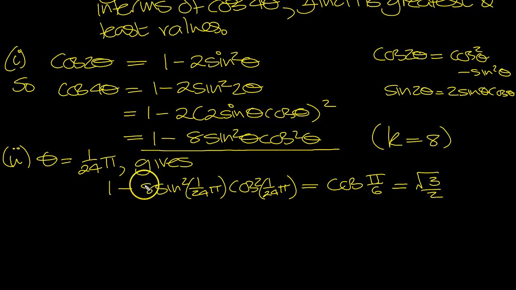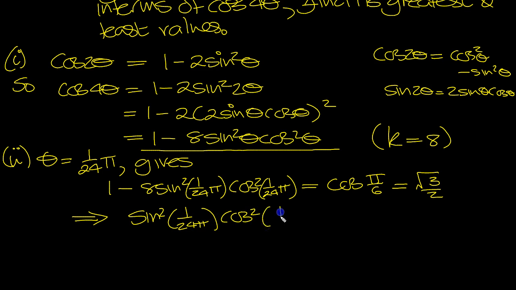So here, that tells us then, so sine squared 1 over 24 pi, I'm going to do it in one fell swoop, cos squared 1 over 24 pi, because it's a lot to write, these things, is equal to, so imagine that being moved over there, move the 1 minus root, leave the 1 as is, move the root 3 over 2 over to minus root 3 over 2.